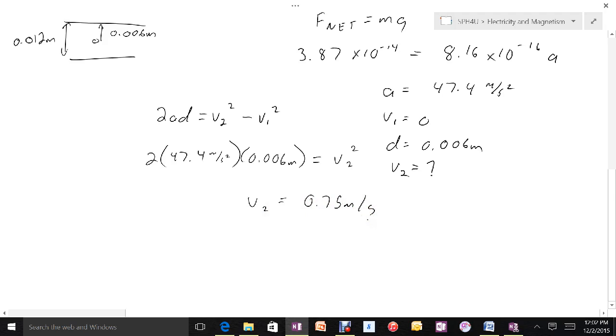Let me just hit that one more time, make sure. Yeah, 0.75 meters per second. So that's how fast it's going to go when it hits that top plate because we increased the voltage.